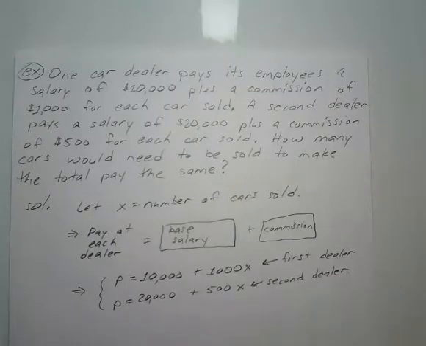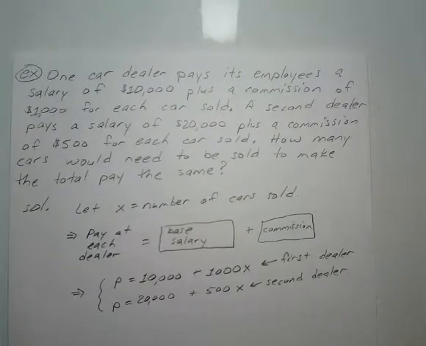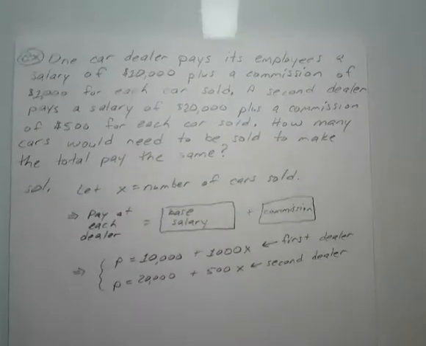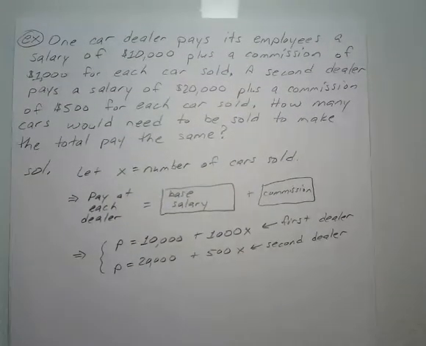So that's your second dealer. Now since we want to know what value of X would make these two the same, we basically are trying to figure out what will make this equal this.